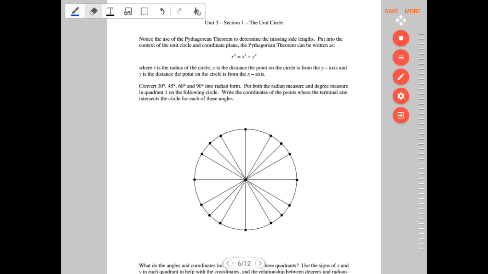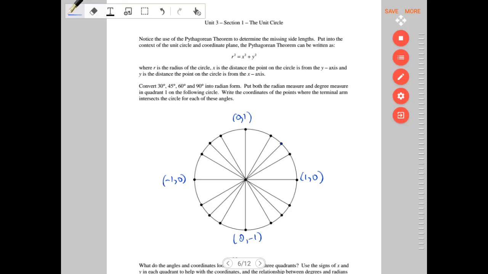Okay, so if you remember from the previous page, this was 1, 0, and negative 1, 0, 0, 1, and 0, negative 1. Okay, so when we were looking at 45, 45, 90s, then that of course was this one right here.